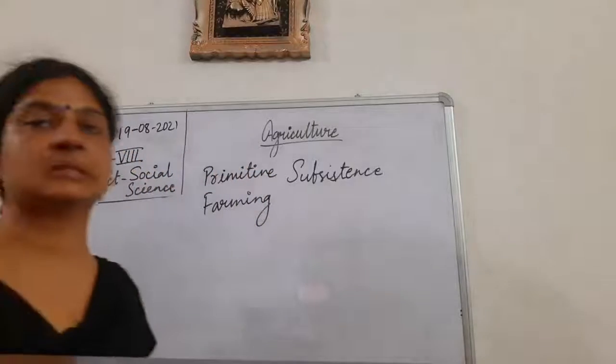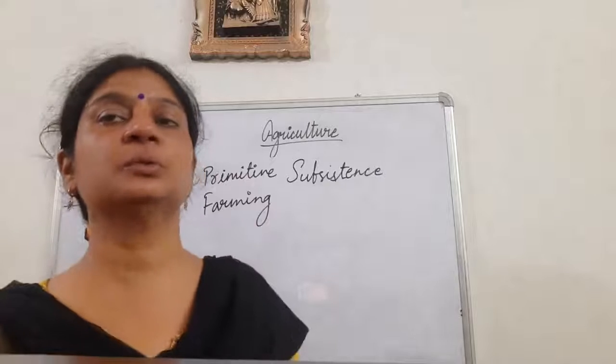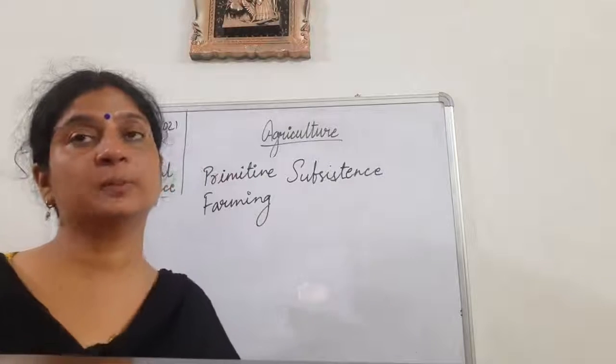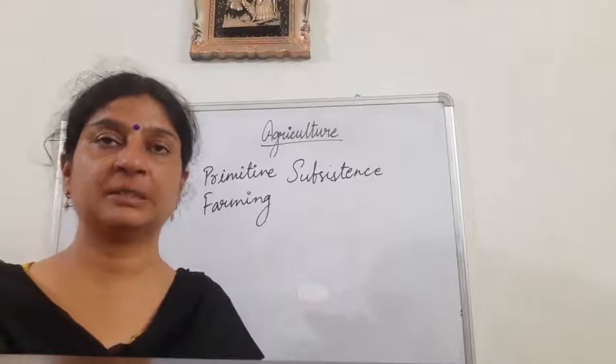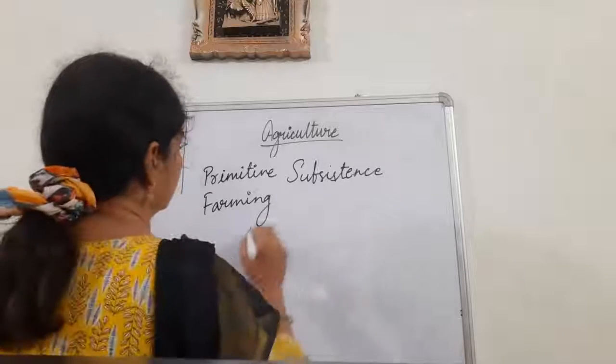Primitive subsistence farming can also be divided into two parts: shifting cultivation and nomadic herding.